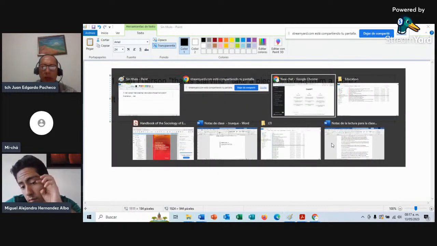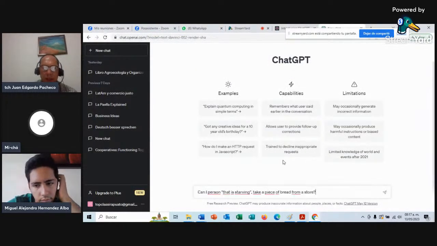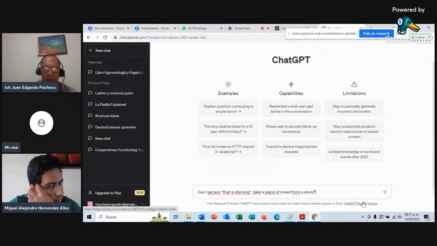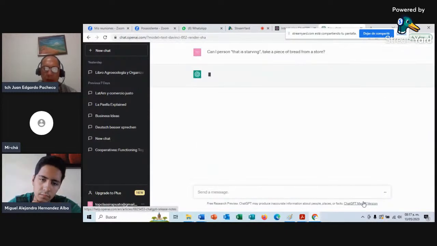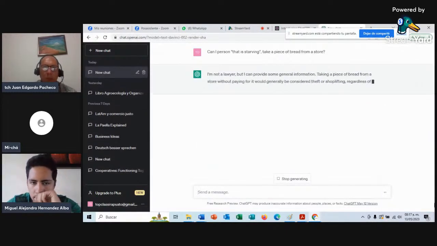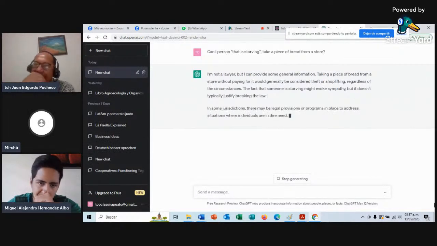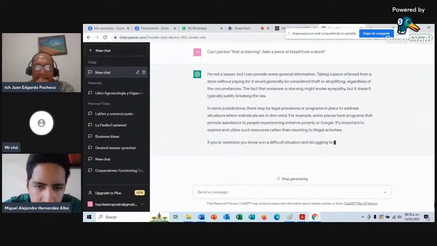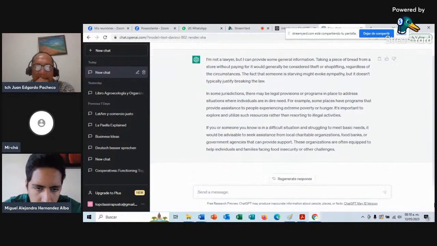Okay. Do you guys want to do the exercise? Okay. Can a person that is starving, I'm going to show the screen. I'm not a lawyer, but I can provide some general information. Taking a piece of bread from a store without paying for it generally would be considered theft or shoplifting, regardless of the circumstances.